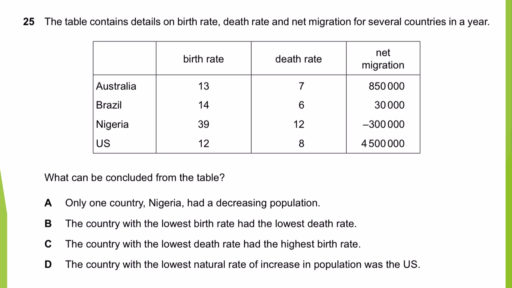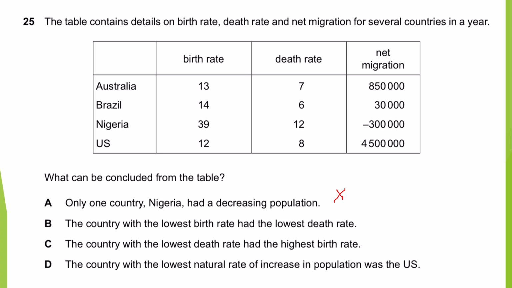What can be concluded from the table? A: Only one country, Nigeria, has decreasing population. Nigeria? No, it has increasing population. That is 39, the birth rate is highest. B: The country with the lowest birth rate has the lowest death rate.